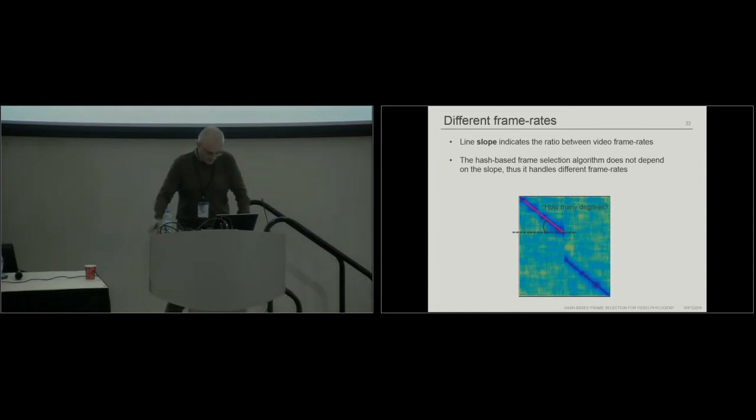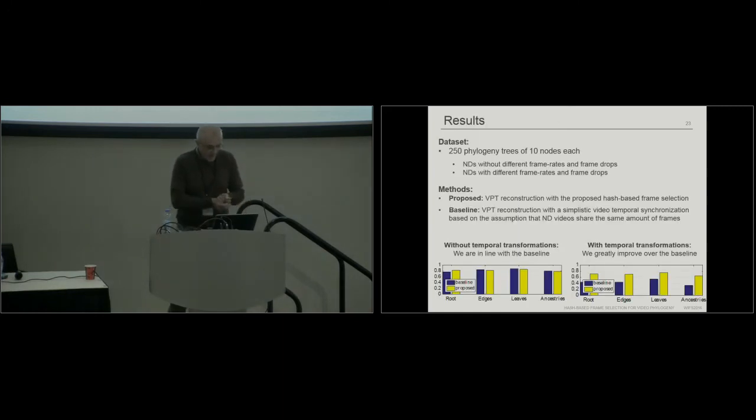And after all this process, we have taken a series of experiments, creating a data set of video phylogeny trees. In particular, we have created 250 different phylogeny trees and therefore 250 sets of near duplicated objects.